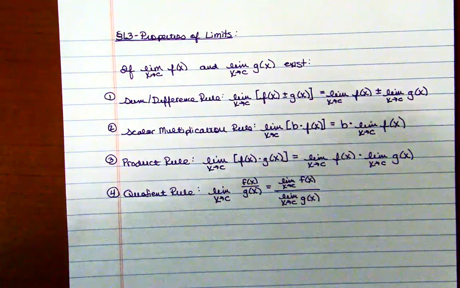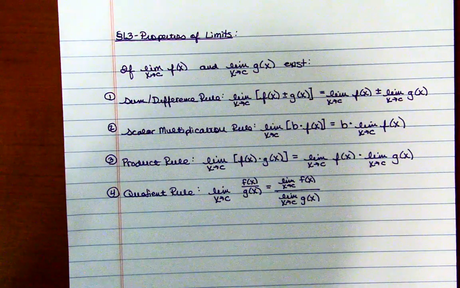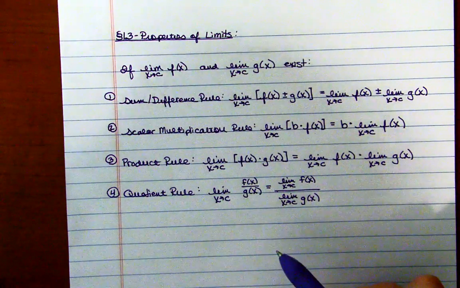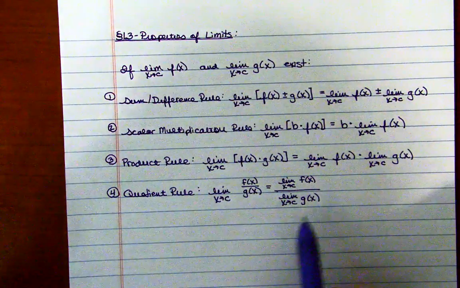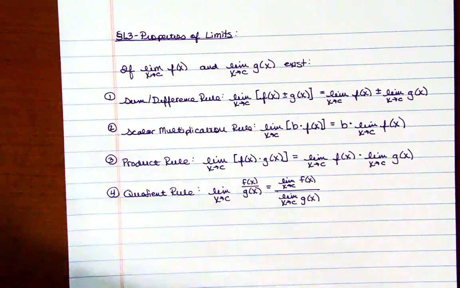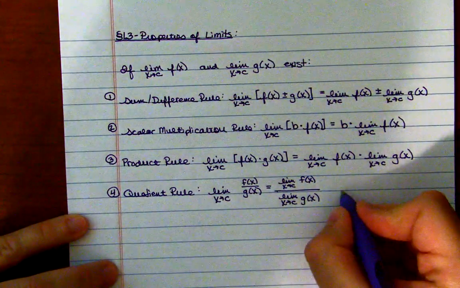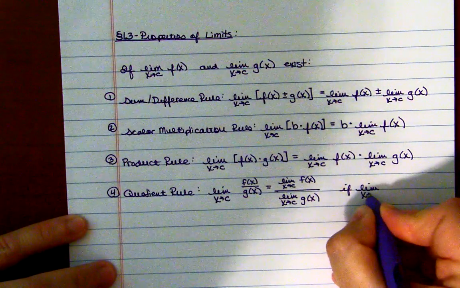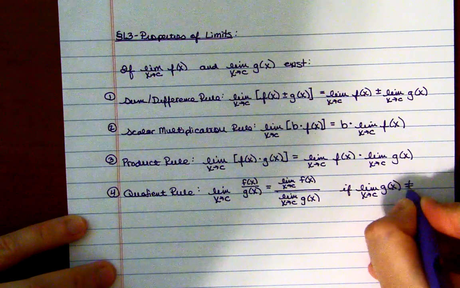Almost all the time. There's one slight problem that I could have. What would make this not true? What would give me a problem with this? Hopefully you were thinking, well, if that denominator is 0, this property is only going to hold if the limit as x approaches c of that denominator function does not equal 0.